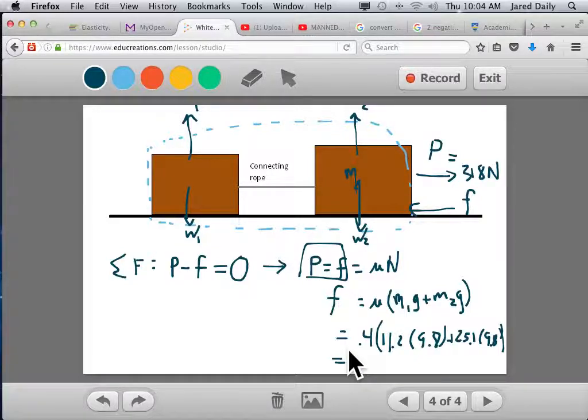I don't know, I'll do the math. 11.2 times 9.8 plus 25.1 times 9.8, enter, times 0.4. 142. I was off by a little bit. 142.3.